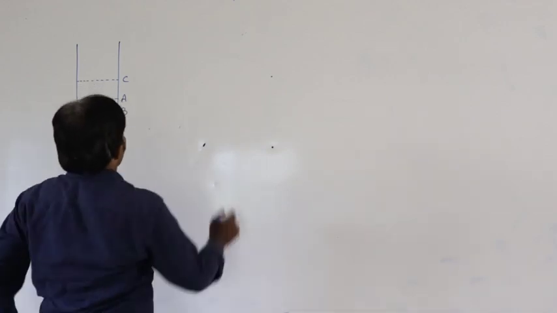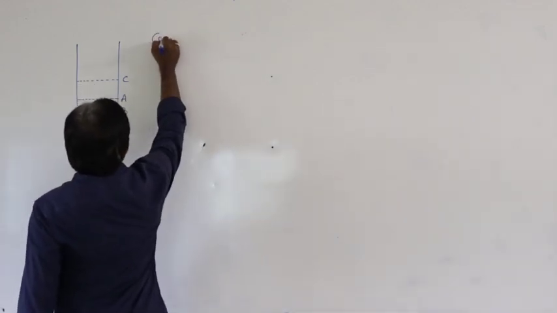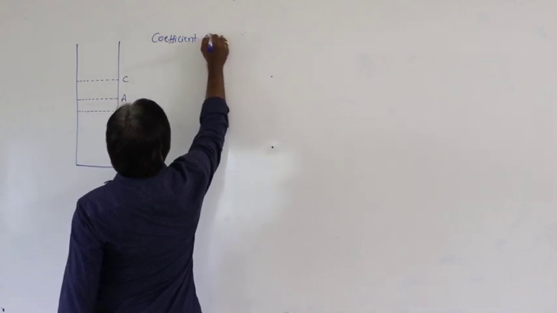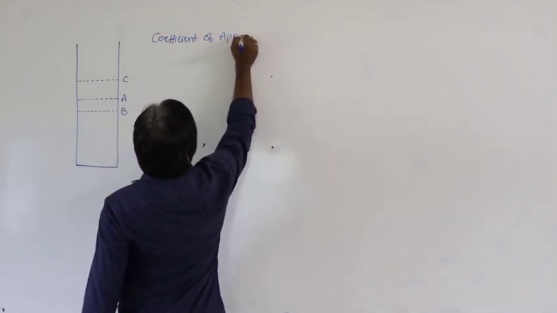So based on this we have defined two. First one is the coefficient of apparent expansion.